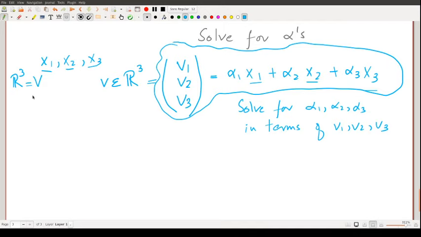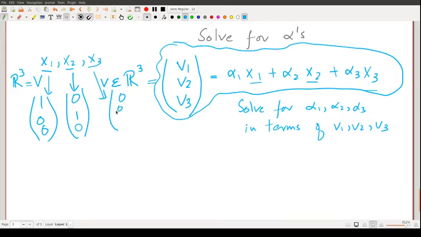So for example, if x1 was 1, 0, 0, this is just a trivial example, x2 was 0, 1, 0, and x3 was 0, 0, 1, then I can solve this equation.